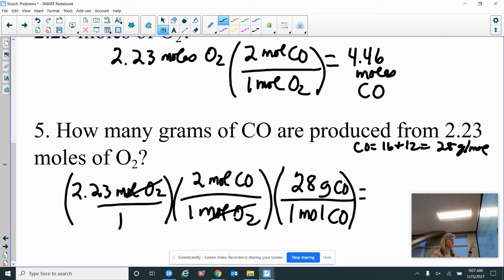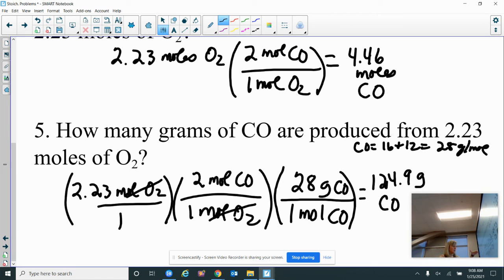We converted that to moles of carbon monoxide, which again, up above we did, it was 4.46. Now to go on to grams, we need to multiply by the molar mass of carbon monoxide. So, and we get 124.9 grams of carbon monoxide.